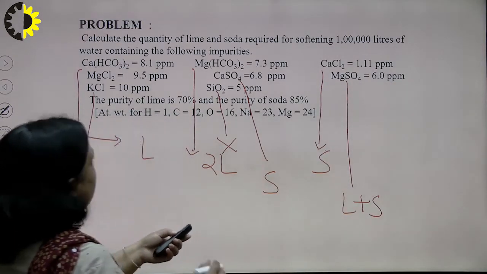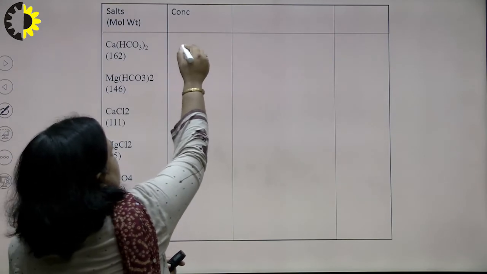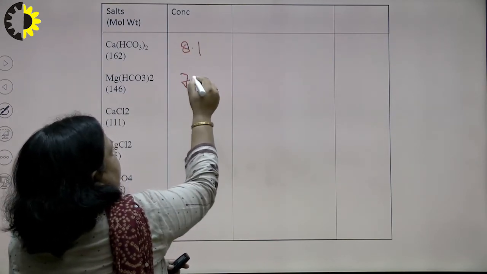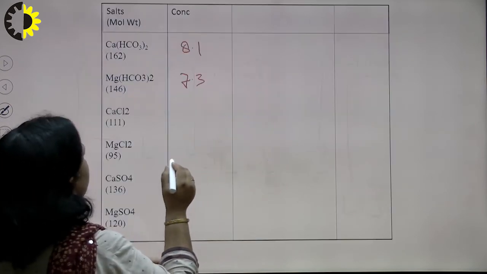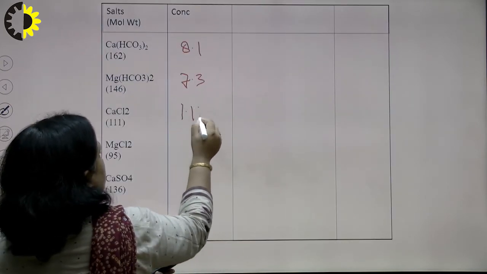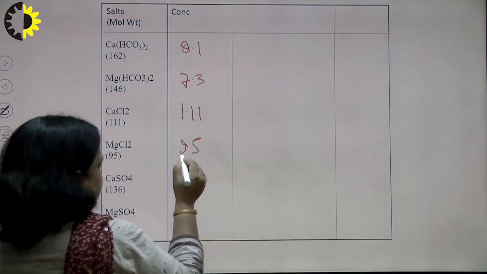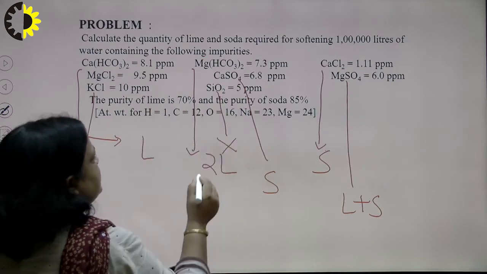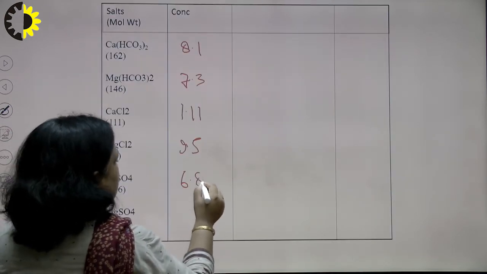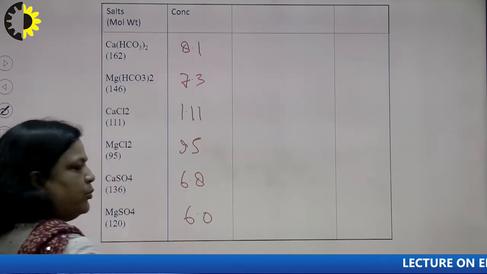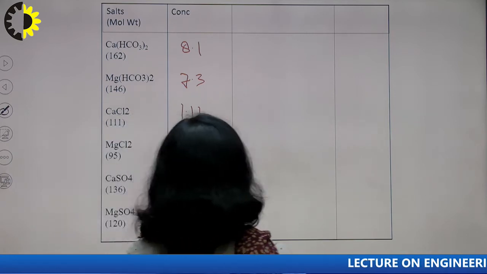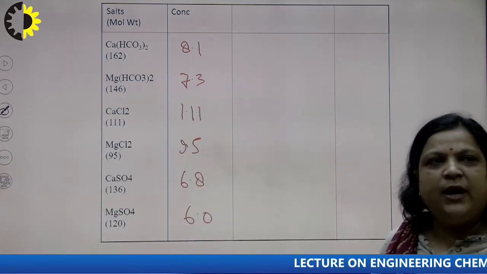So if we write the amounts: 8.1, 7.3, CaCl2 1.11, 9.5, 6.8 and 6. This is the amount or concentration. So our aim is to convert this into calcium carbonate.